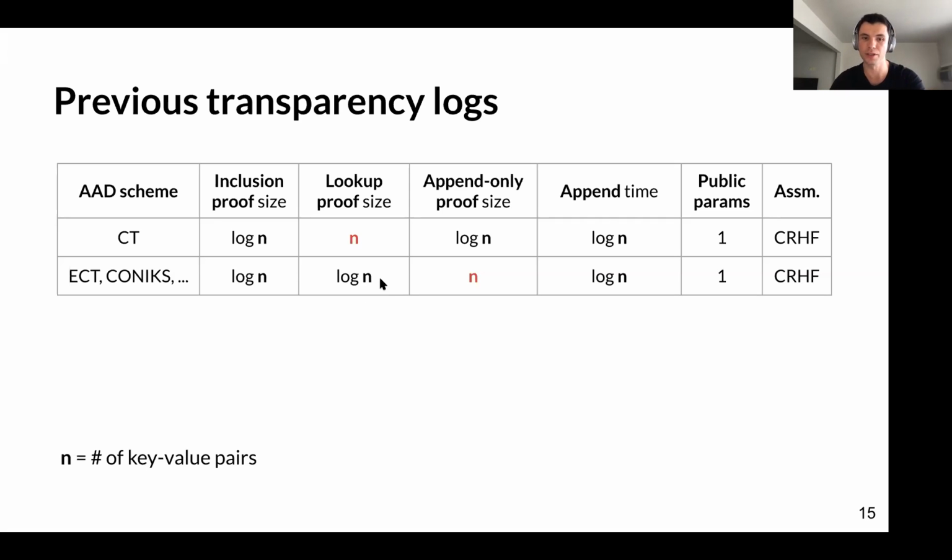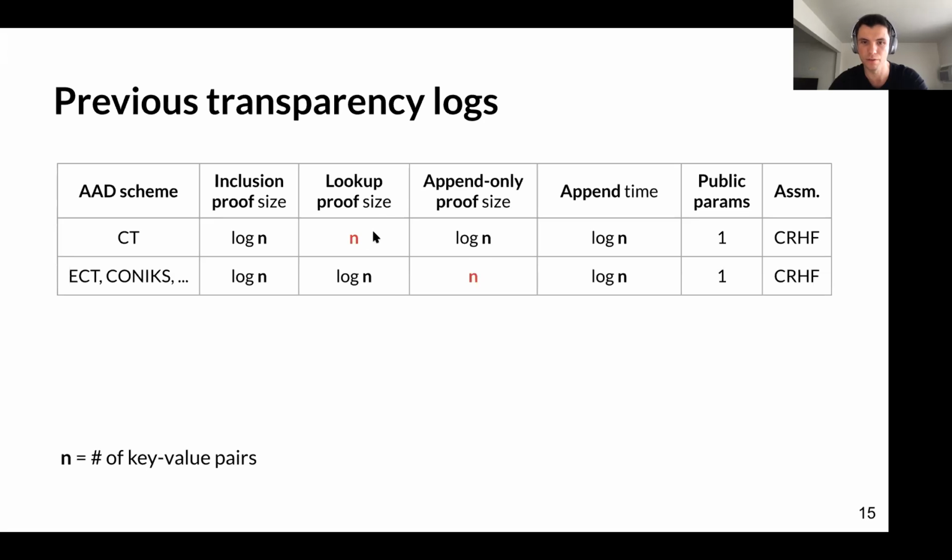Or they might build a prefix tree, and that allows them to prove lookups in logarithmic space. So the proof is very small, but because the tree is now lexicographically ordered rather than chronologically ordered, when the tree grows over time, too many things change, roughly speaking, in the tree that the append-only proof has to reason about. And as a result, the append-only proof increases to linear size.